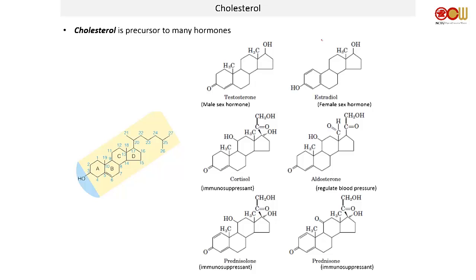Cholesterol is important to higher organisms like animals because cholesterol is the precursor to many hormones. As you can see, we have the male sex hormone and the female sex hormone, and what you see is the general 4-ring structure from cholesterol to the sex hormone type of molecule. We'll talk about this next semester in Biochemistry 2: your hormone molecules are actually derived from cholesterol.